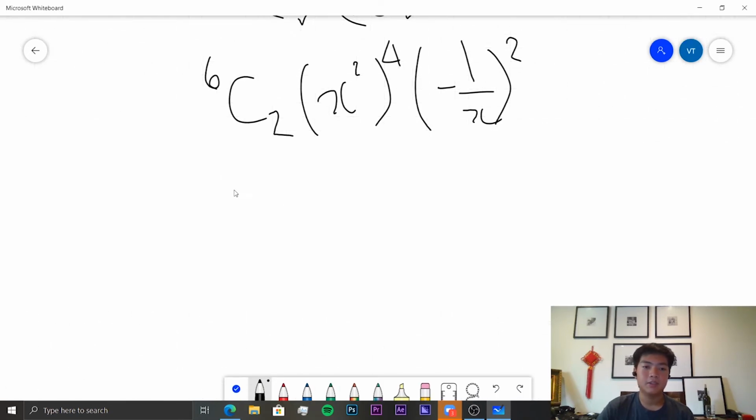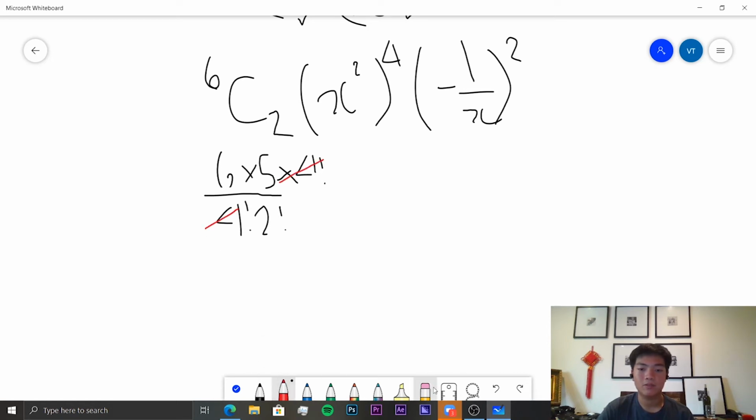Well, what's 6 choose 2? That's just 6 times 5 divided by, sorry, divided by 2 times 1. Because this is 6 times 5 times 4 factorial over 4 factorial, 2 factorial. So if we cancel out these two, we're left with 6 times 5 over 2, which is equal to 15.